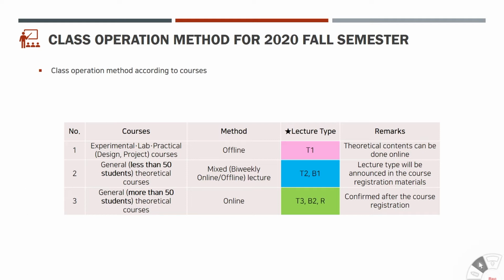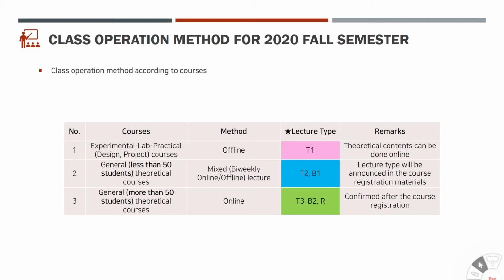The first type, experimental lab practical courses, is conducted offline at the university because it requires students to come to the university.